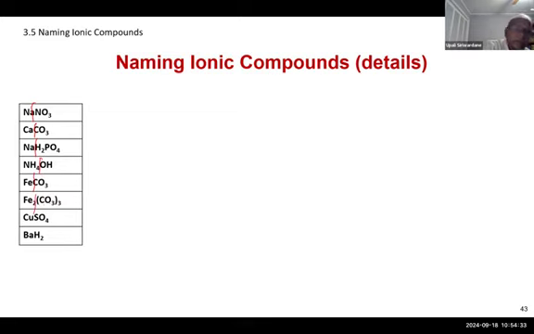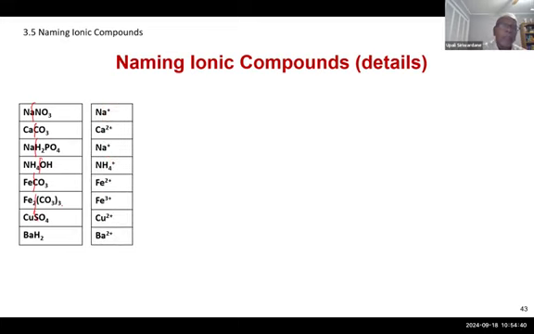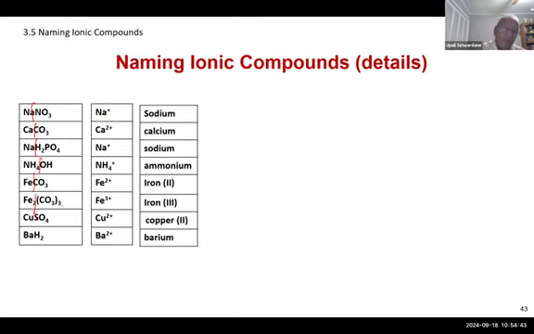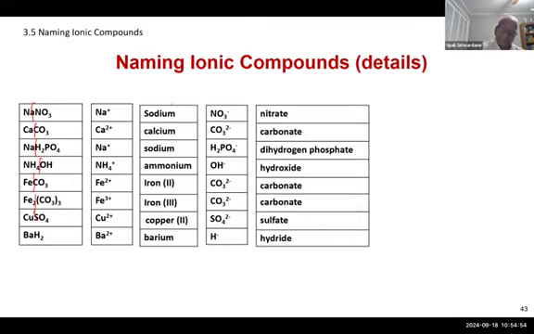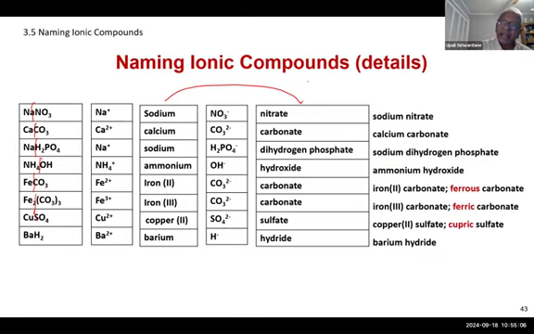Copper 2 sulfate. Barium hydride. That's the sodium ion. Name of the sodium ion is just sodium ion, calcium ion. Nitrate is this. How do you get the total name of the compound? You put them together. Sodium nitrate, calcium carbonate.